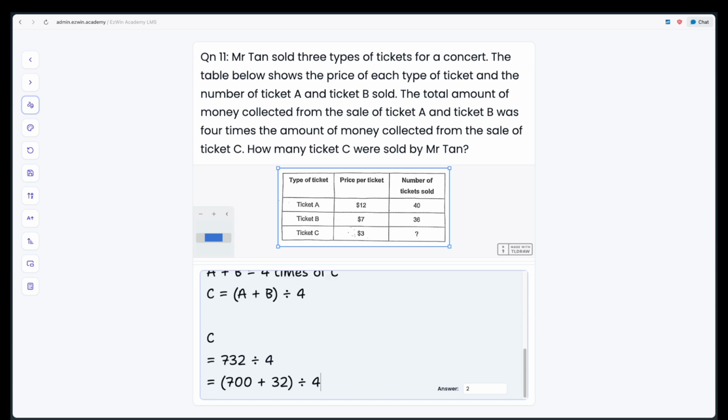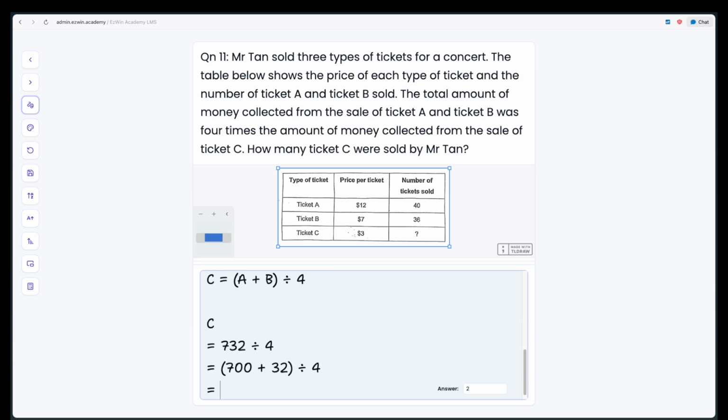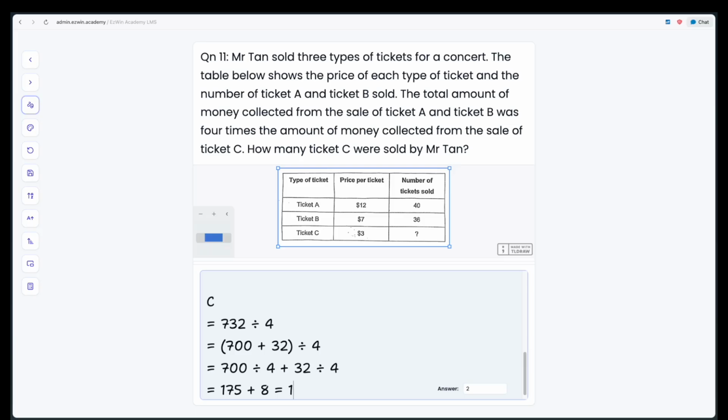So 700 divided by 4 plus 32 divided by 4. 700 divided by 4 is 175, plus 32 divided by 4 is 8, which is 183. So $183, but we don't stop there.